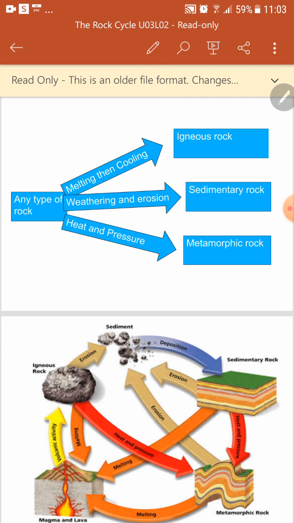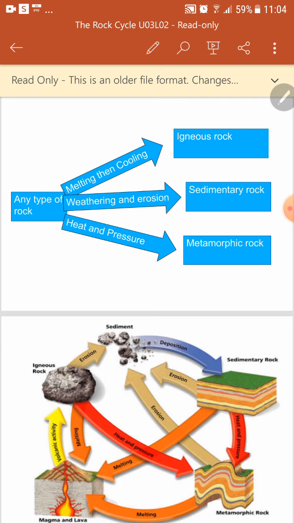Also, if it turns to lava, erupted with a volcano, the lava will cool, then it becomes igneous rock.